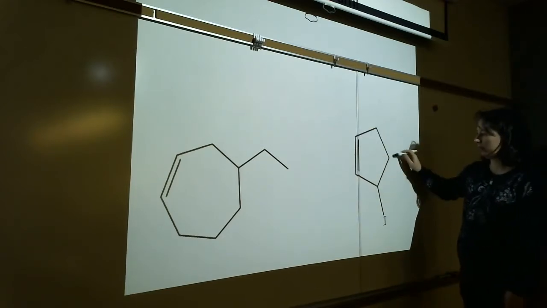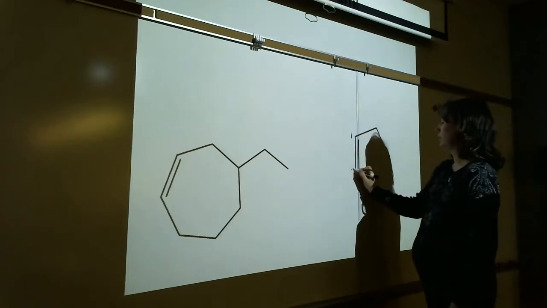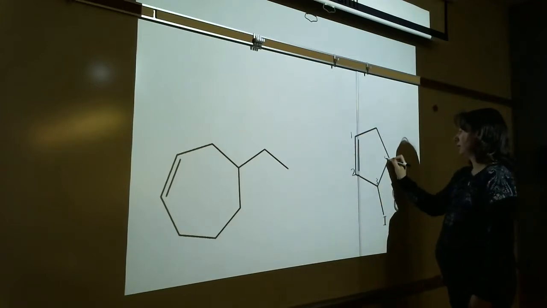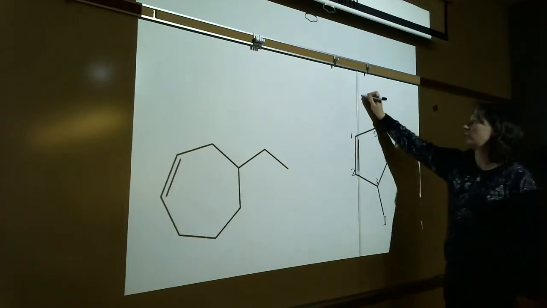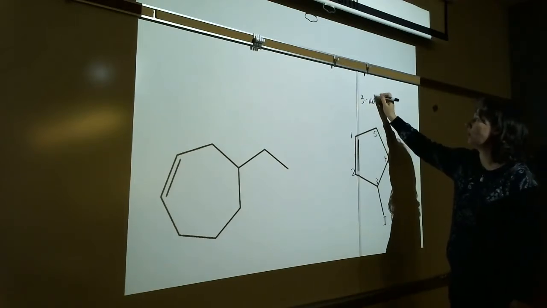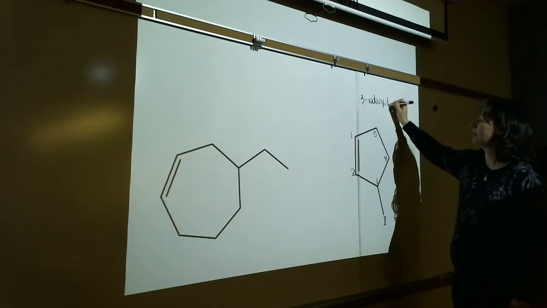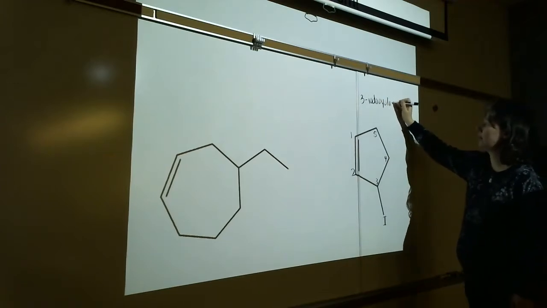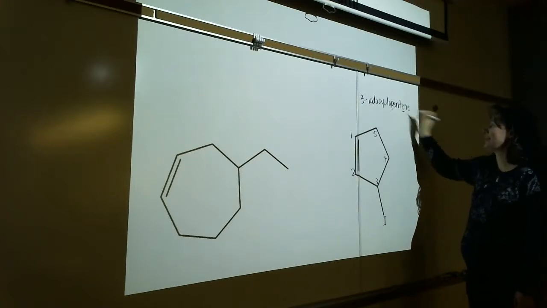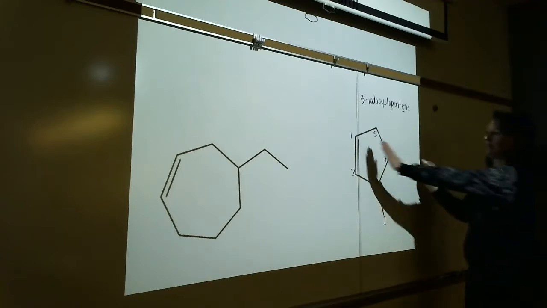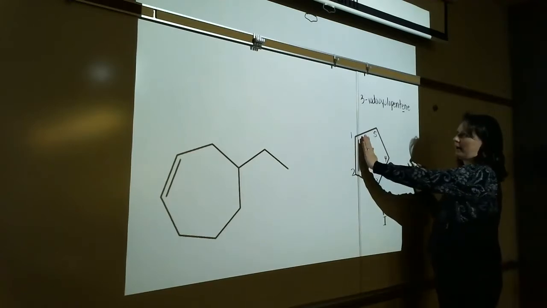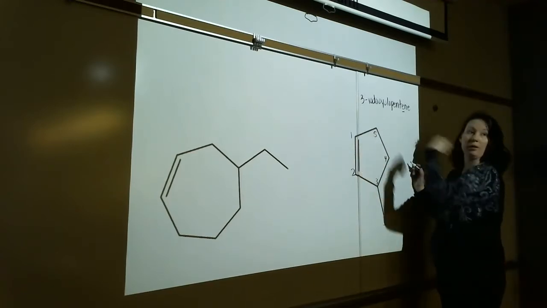We're going to number counterclockwise. 1, 2, 3, 4, 5. So this is what? 3-iodo cyclo what? Pentene. Don't forget it's ene, right? Because if you call it 3-iodocyclopentane, that means that there's no double bond, and it wouldn't be on number 3, it'd be on number 1.